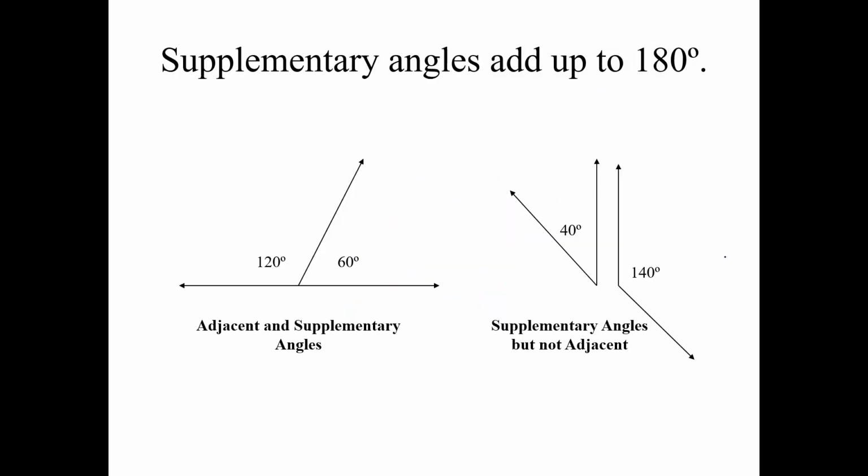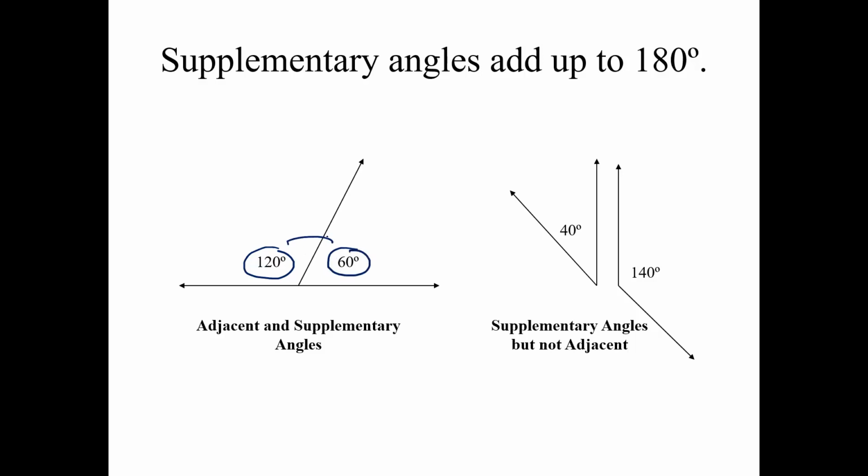The next one is what we call supplementary angles. Supplementary angles are angles which, if you add them up, equal 180 degrees. Let's say I have an example here. The first one, we have adjacent angles, 120 and 60 degrees.